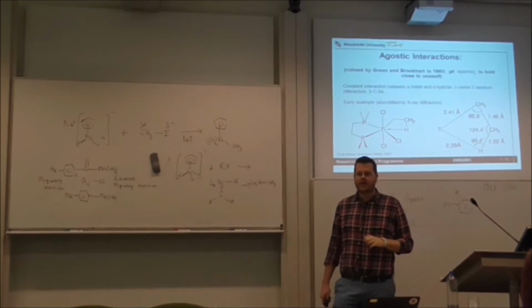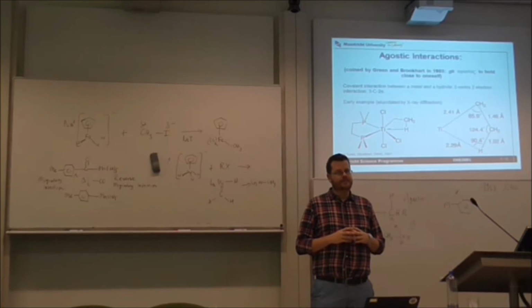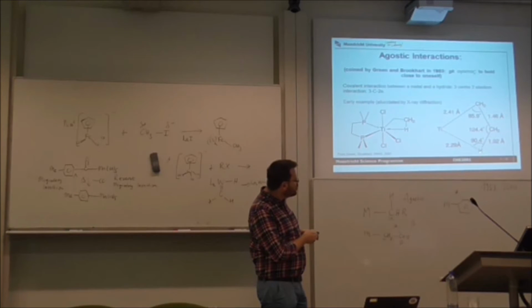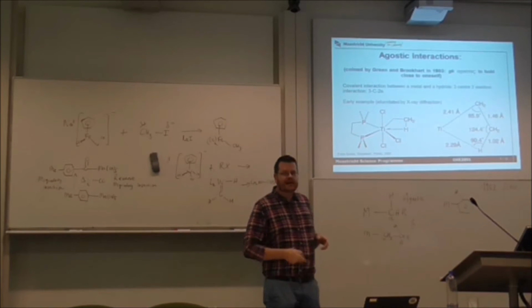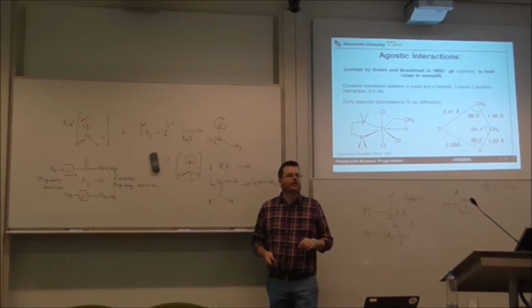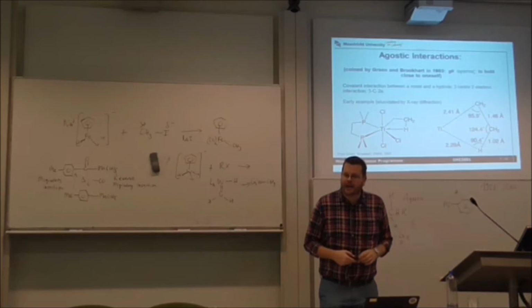When you're working with single crystal X-ray diffraction, it's not particularly accurate to look at a hydrogen atom that's sitting next to a metal. Why? Because of the electron density. Exactly.